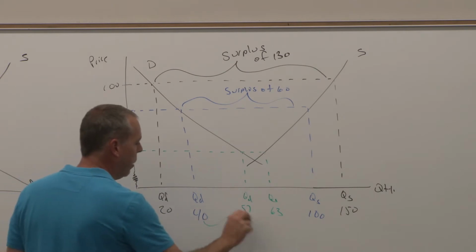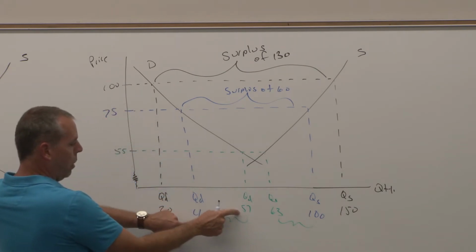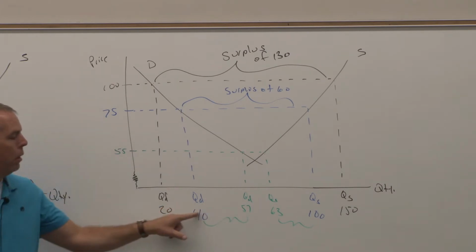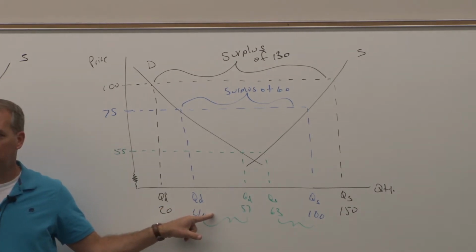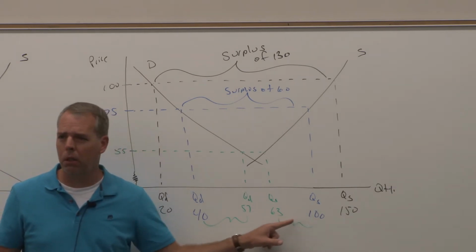What's happening here with these people? What's happening here? It's the same thing that happened here. They value jeans at more than $55, right? So if the price is $55, they're like, yeah, I'll take a pair of jeans. What's happening here?